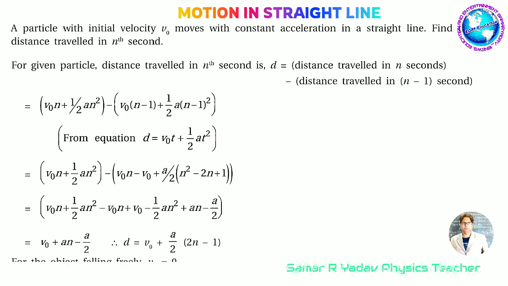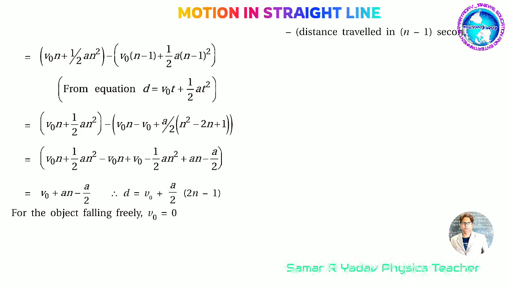From the equation d is equal to v0t plus 1/2 at square, which is equal to (v0 n plus 1/2 a n square) minus (v0 n minus v0 plus a/2 (n square minus 2n plus 1)), which is equal to (v0 n plus 1/2 a n square minus v0 n plus v0 minus 1/2 a n square plus a n minus a/2), which is equal to v0 plus a n minus a/2.